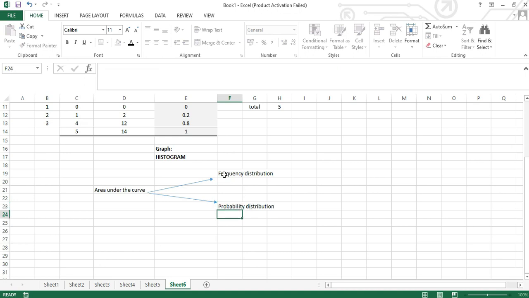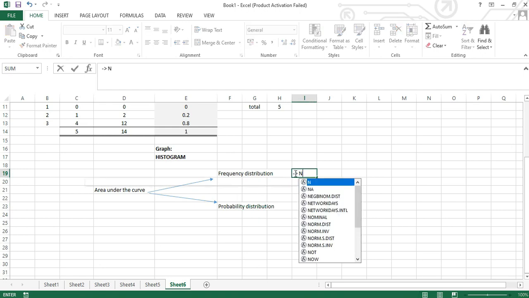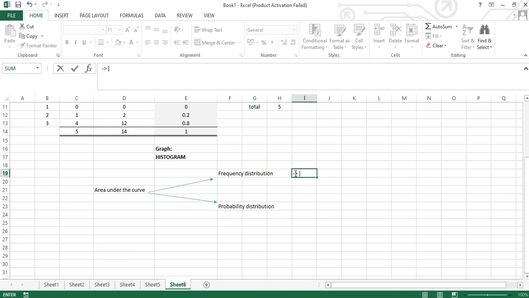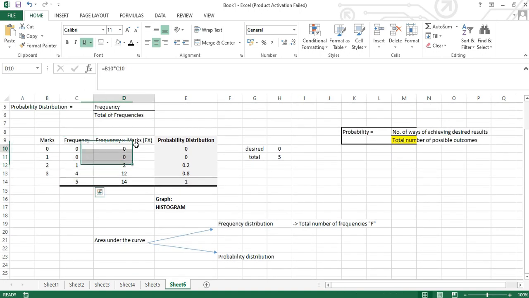In a frequency distribution, the area is always the total number of frequencies, which is F. Okay, the total number of items, not Fx, don't mix up, it is F. Okay, frequency stands for F, right?